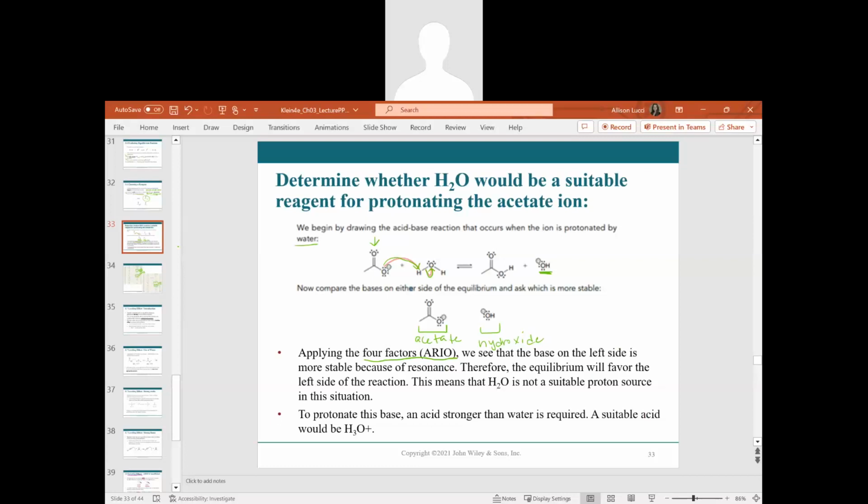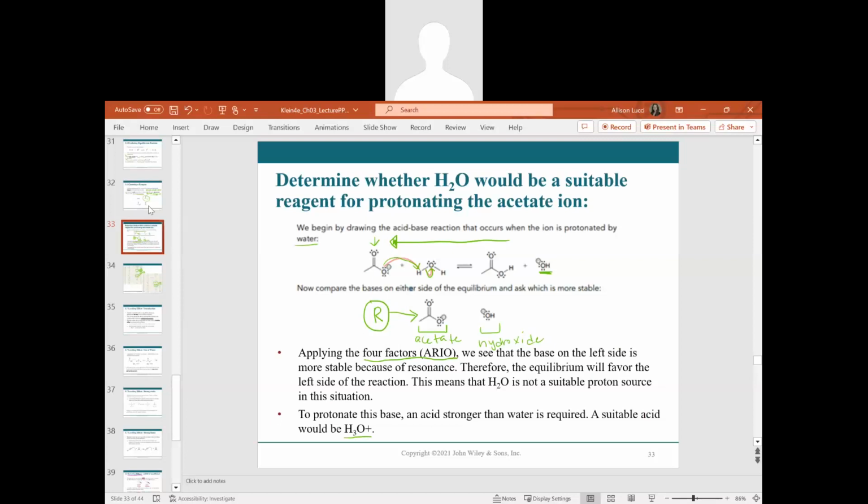We can see that due to resonance, specifically the R over here, the acetate ion would be more stable. Therefore the equilibrium would favor the left direction. Because of that, water would not be a suitable proton source in this specific situation. We would need a stronger acid than water, so something like hydronium could be used.